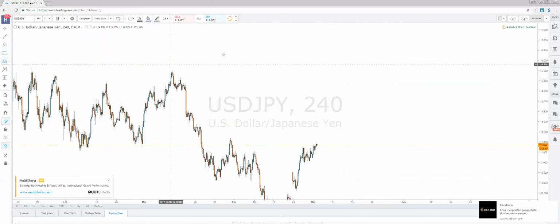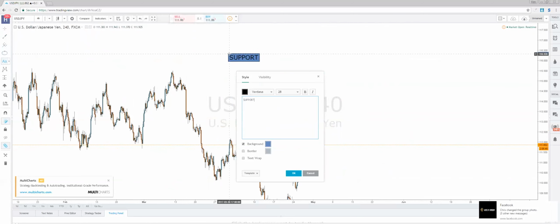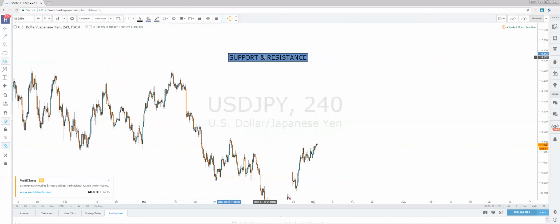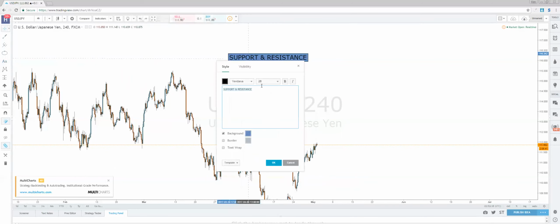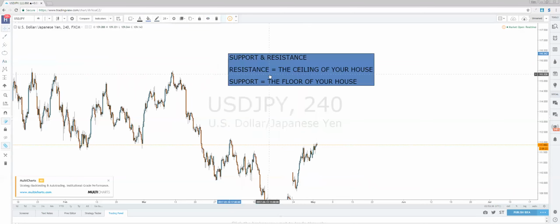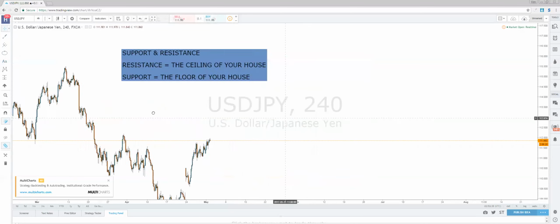All right, so I'm going to cover support and resistance. Think of resistance like the ceiling of your house, and think of support like the floor of your house. Let me just draw an example.